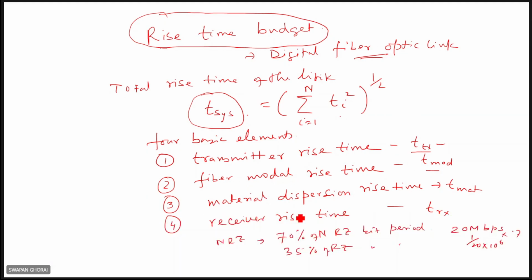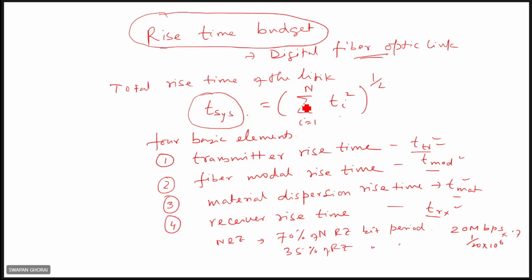Third one, the material dispersion rise time, that is T material. And fourth one, the receiver rise time, that is TRX. So there are 4 contributors in these digital fiber optic links: transmitter rise time, fiber modal dispersion rise time, material dispersion rise time, and receiver rise time.